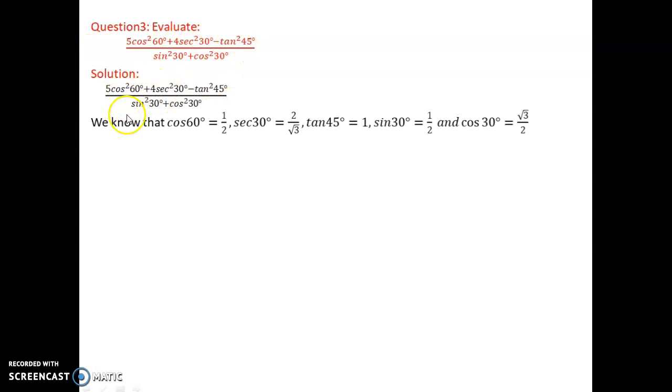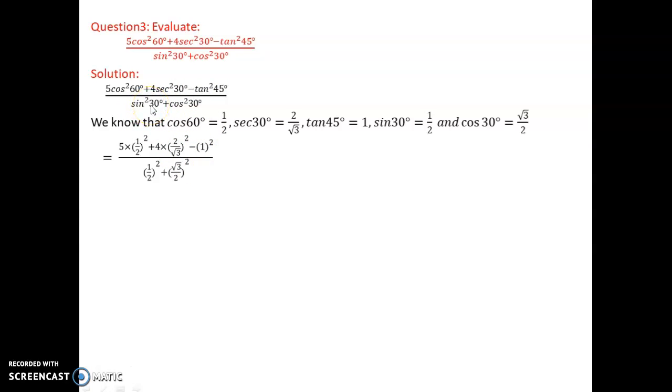Okay, now let's see some more problems. 5 times cos square of 60. In the same way we put in the basic trigonometric values and square them. By the trigonometric table, in place of 5 cos square 60, cos 60 is 1 by 2 and it's squared. Plus 4 cosec square 30, cosec 30 will be 2 by root 3 whole square, minus tan square 45, tan 45 is 1 and we put a square.